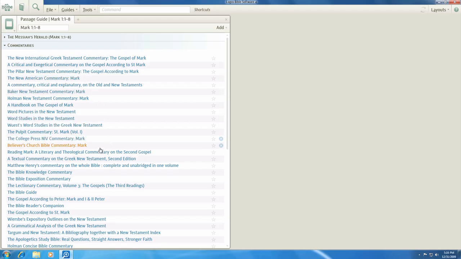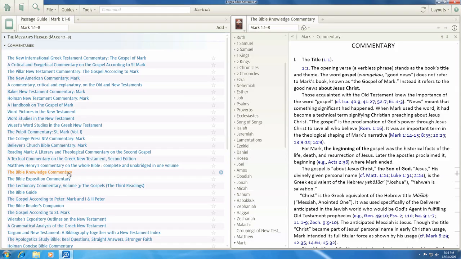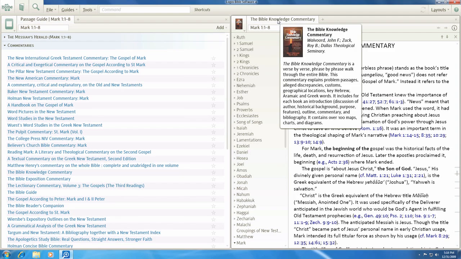The one I want us to look at is the Bible Knowledge Commentary. Now, as we look at this resource, we want to take note of two things: how this resource is organized, and what kind of information it includes on the books of the Bible.